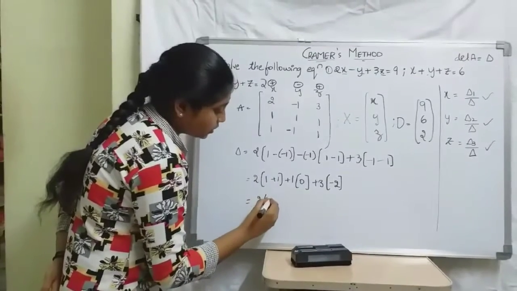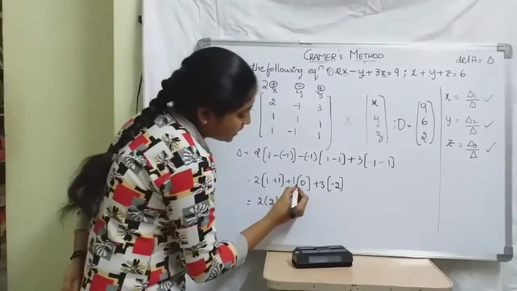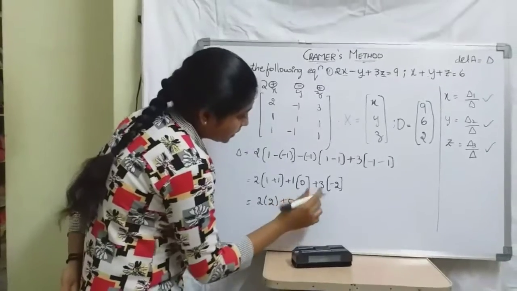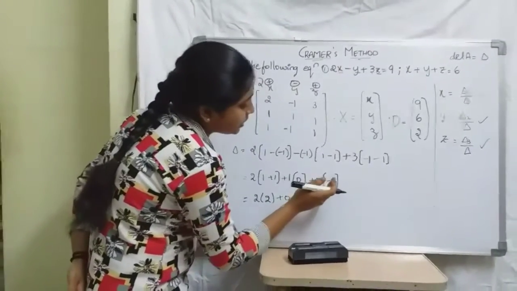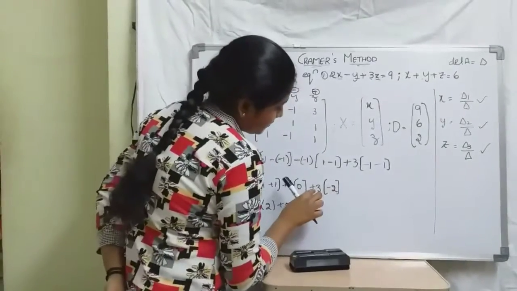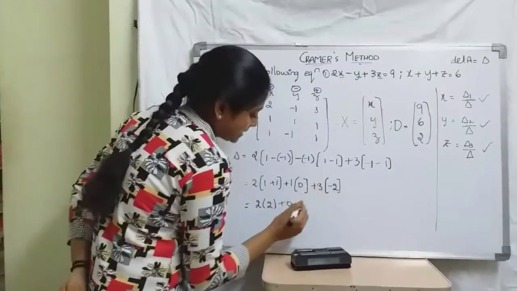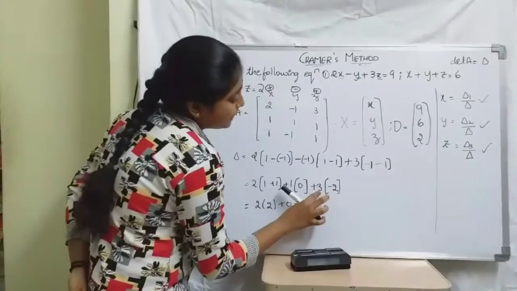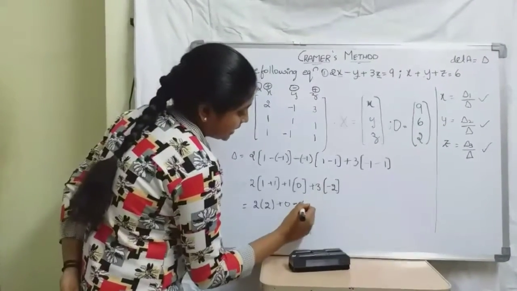So 2 into 2, 1 into 0 is 0, plus 3 into minus 2. First we solve the signs, that is plus into minus, it is minus. 3 into 2 is 6.